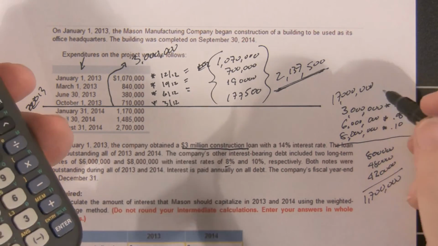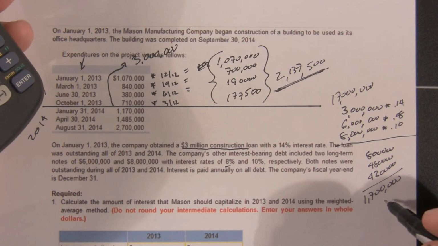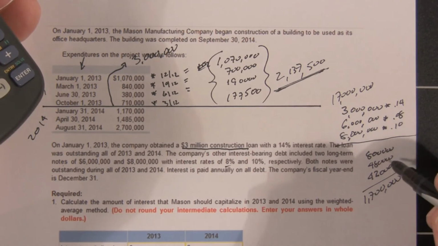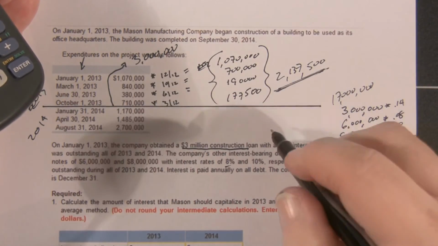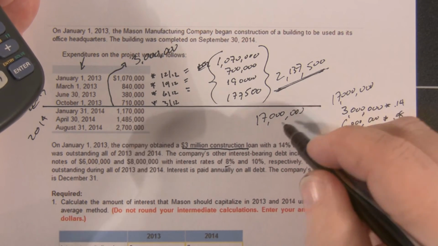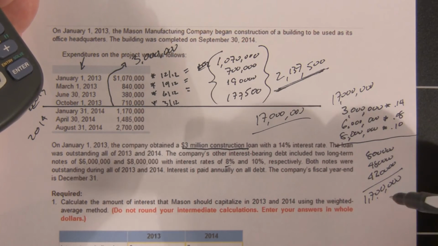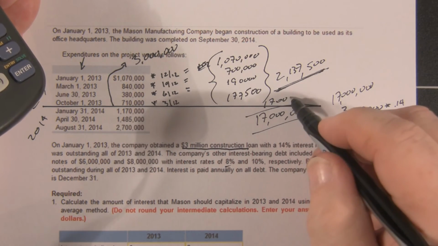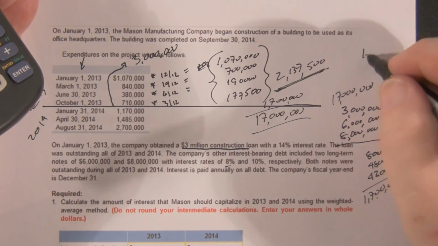So we borrowed a total of 17 million, and we paid 1.7 million. So our weighted average interest rate is the 1.7 divided by the 17 mil we borrowed. So our weighted average interest rate is 10%.